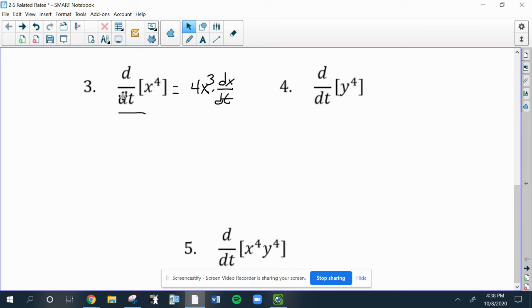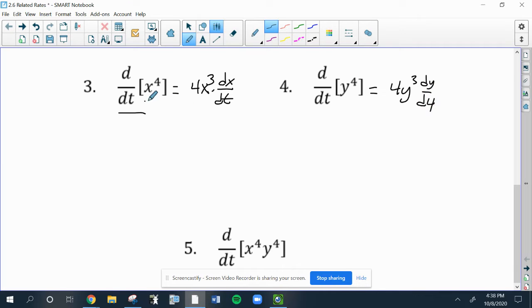None of them are going to be t. So this one is 4y cubed times dy dt. There's really no difference now whether it be an x or a y, because the variable that we're differentiating with respect to is now t. So that's it.